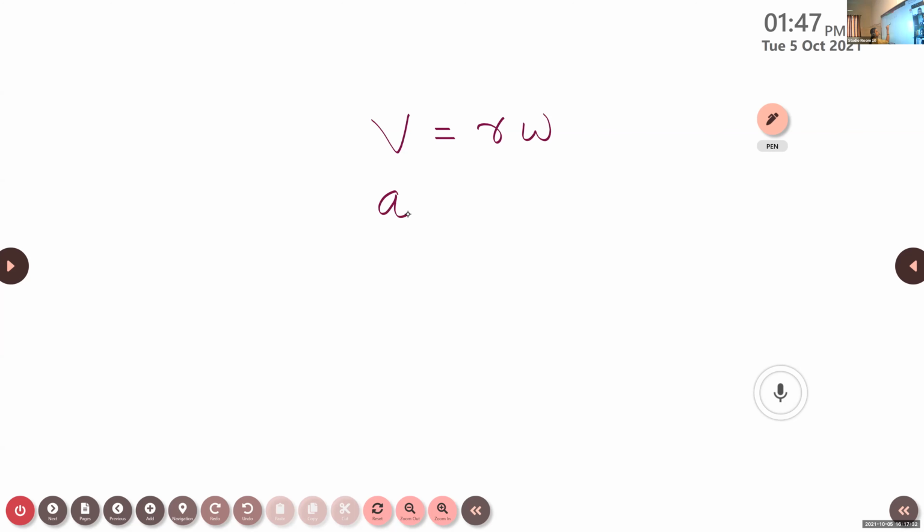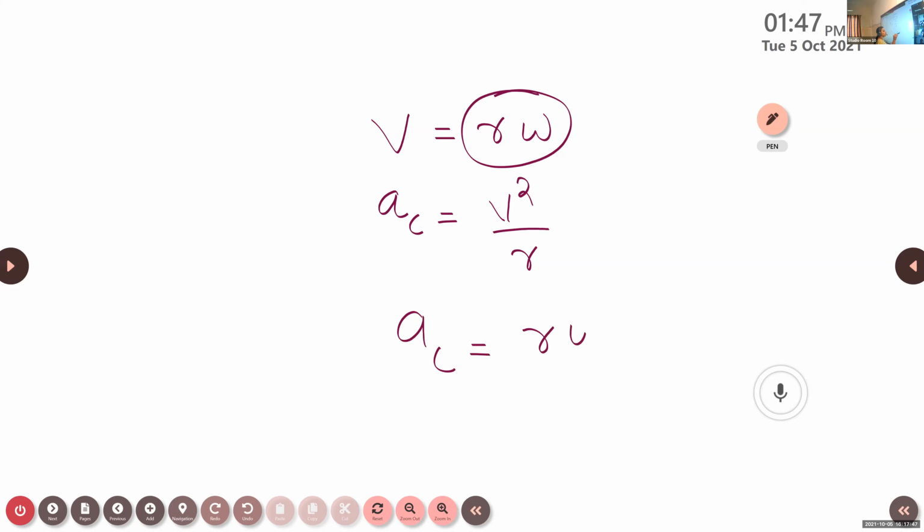And we know that the centripetal acceleration AC is equal to V square by r. Then here V is r omega. Substitute the value of V here. It becomes AC is equal to r omega the whole square divided by r. That is equal to r square omega square divided by r.